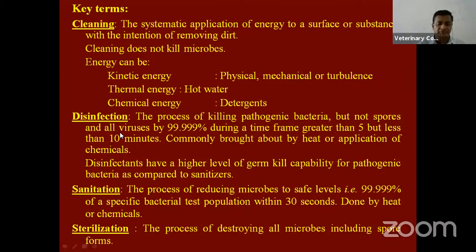So as I told you, disinfection is mostly for non-living surfaces that won't come in contact with the food directly. We apply disinfectants there. And the surfaces that come in contact with the food, we apply sanitizers there. Otherwise, sanitizers are milder chemicals, while disinfectants are stronger chemicals.